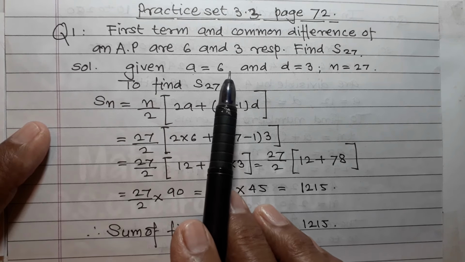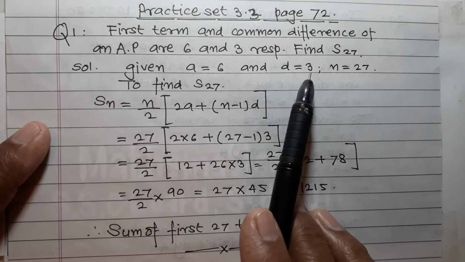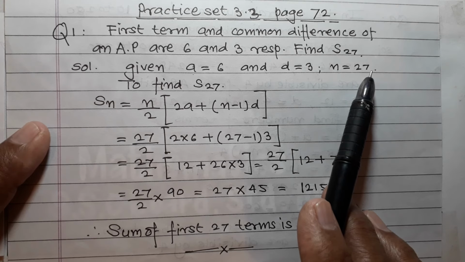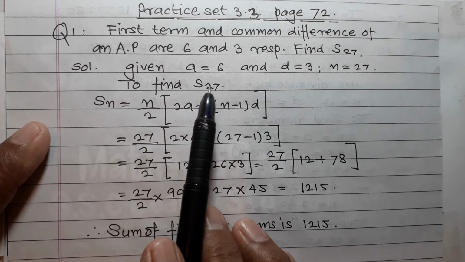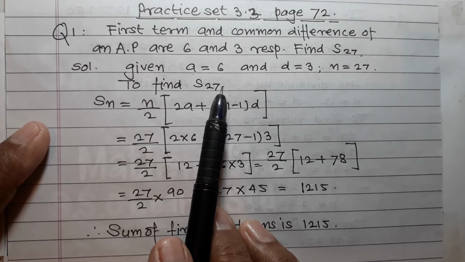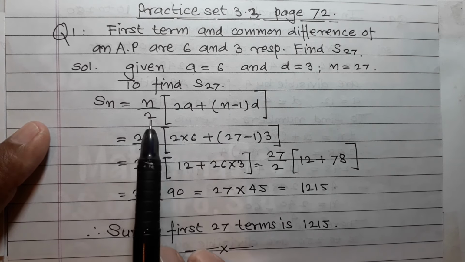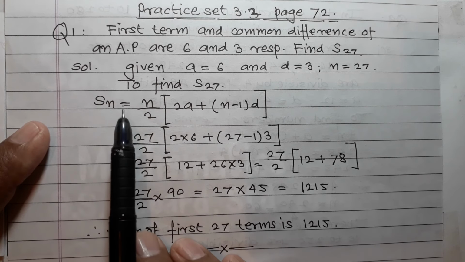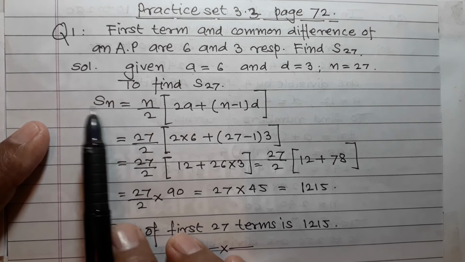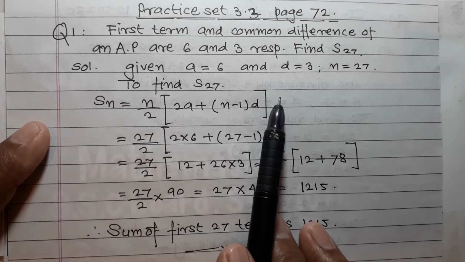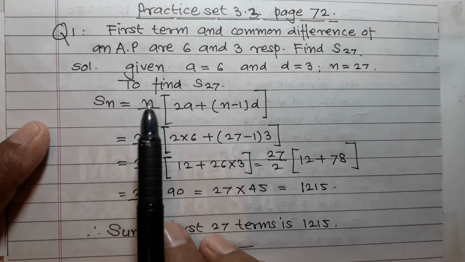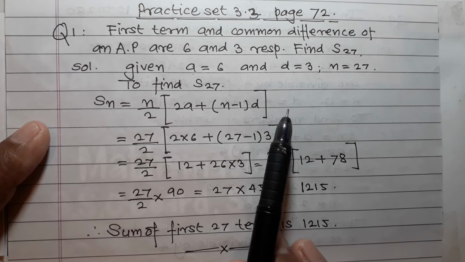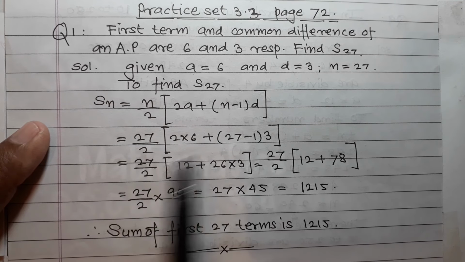Given A is equal to 6 and D is equal to 3, n is equal to 27, to find S27. Now here you simply write your formula and substitute values. First, always write your formula. Sn is equal to n upon 2 into bracket 2a plus n minus 1 into d, and then substitute.